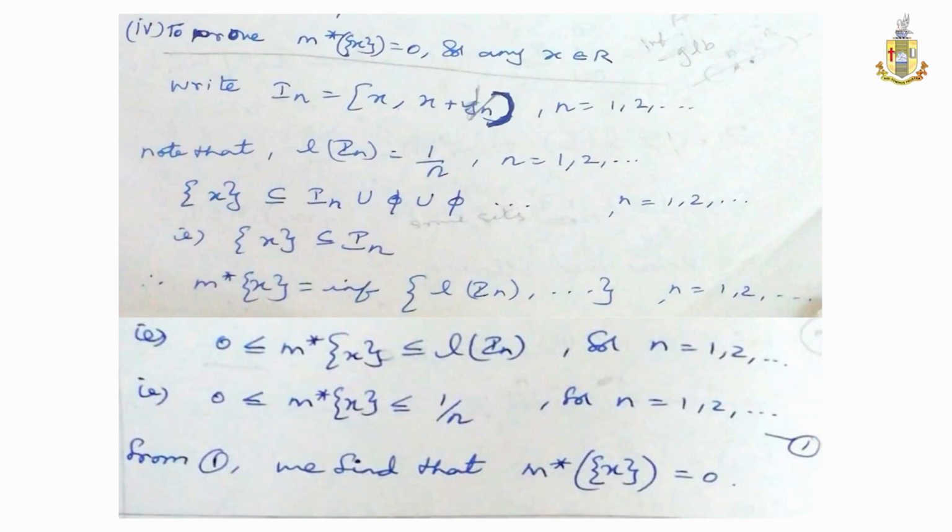Therefore, when we take m star, you will be getting m star of x equal to the infimum of L of In, etc., where n varies from 1 to infinity. That is, 0 is less than or equal to m star of x is less than or equal to L of In. That is, 0 less than or equal to m star of x less than or equal to, where L of In is replaced by 1/n. Therefore, we get that m star of x is equal to 0. So this proves the fourth portion.